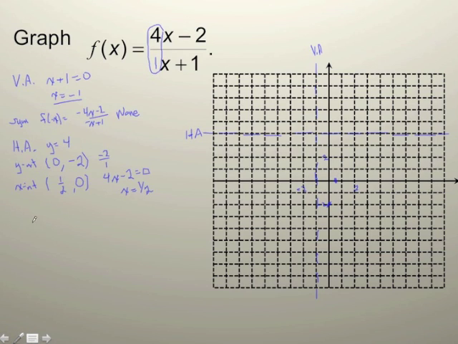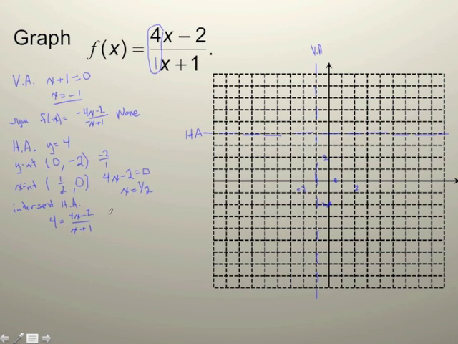Then we need to ask the question, does it intersect the horizontal asymptote? To find that out, we set the expression equal to the horizontal asymptote, which is 4. So we have 4 equals 4x minus 2 over x plus 1.